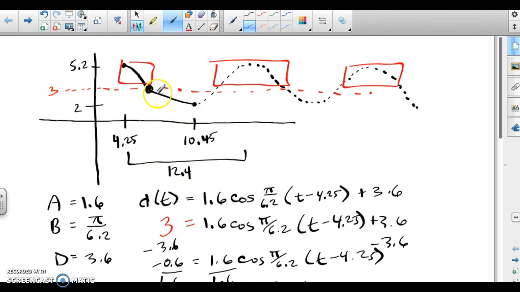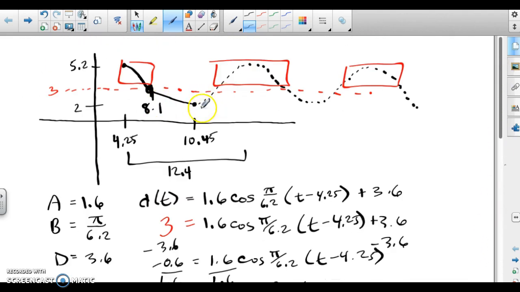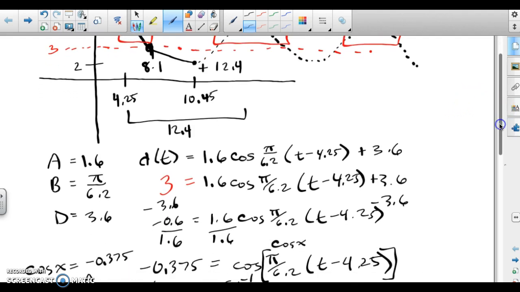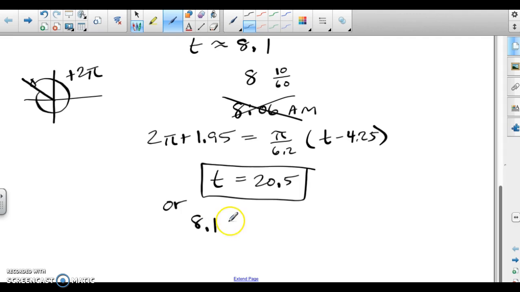So if we know that it happens at 8.1, we can just say 8.1 plus 12.4 also gives us our time. And 8.1 plus 12.4 gives us 20.5. So we end up getting the same answer. So either way you get that answer.